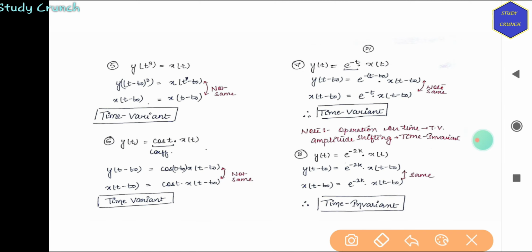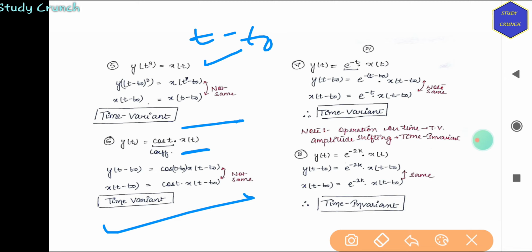Next, y(t) is equal to t cubed x(t). So y(t minus t naught), again t cubed, and t minus t naught, which is not equal, so it is time variant. Cos t into x(t) will be time variant.